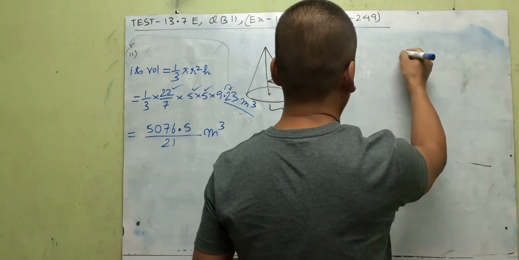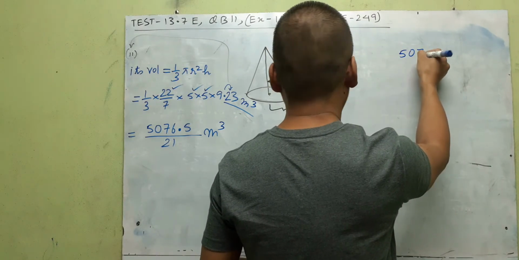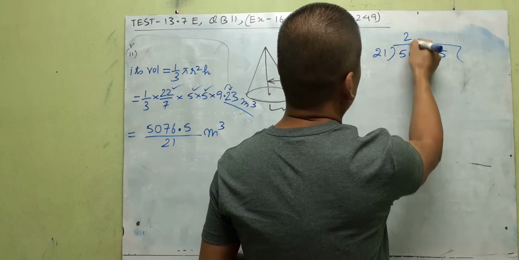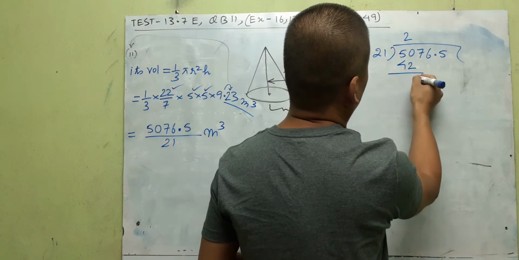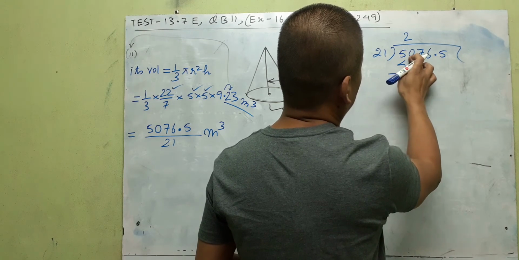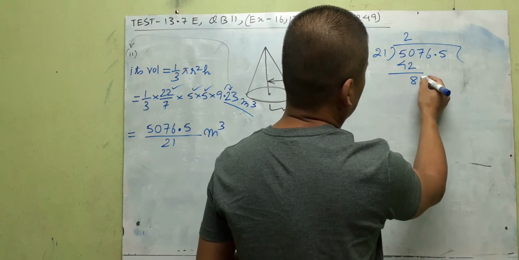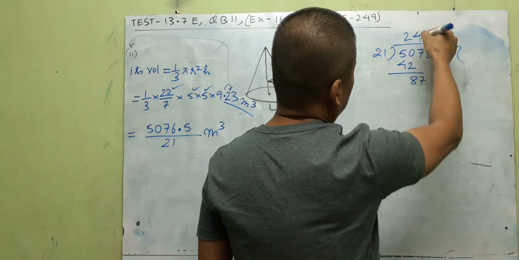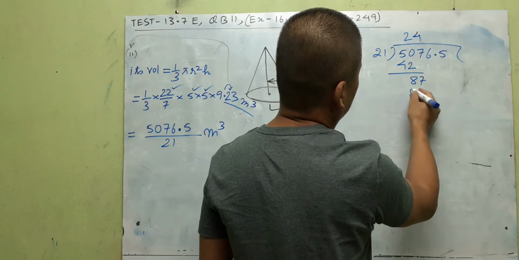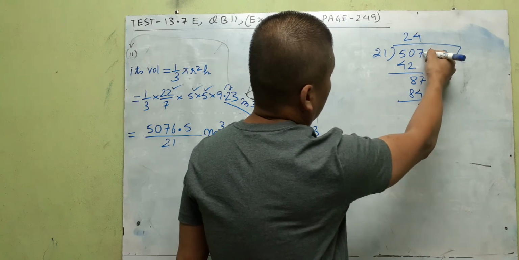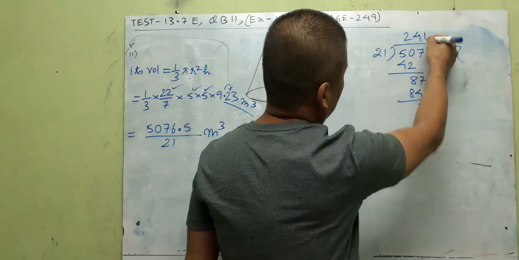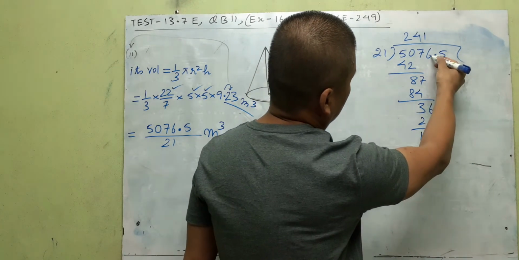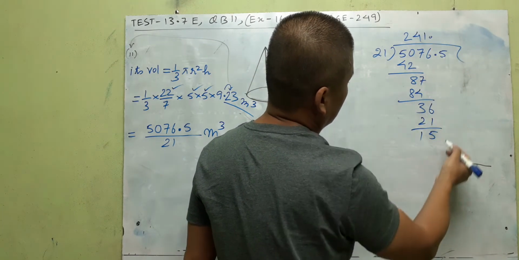We have to divide 5076.5 by 21. 2s are 42, so 8 remain. 1 borrowed to make it 10 here, and 7 comes down. 4 is going, I think, 4 1s are 4, 4 2s are 84, yes, 3. Then here 6 will come down, 21 1s are 21, 5 and 1.